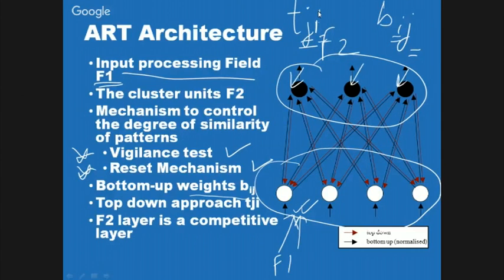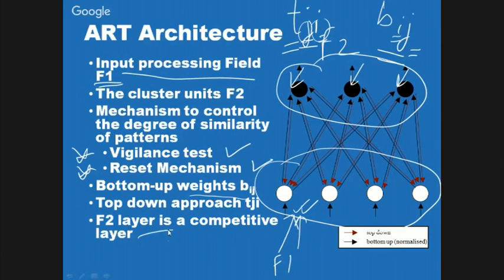From the bottom, when you are going up, I is your neuron, J is your cluster, that's why we give BIJ. But when you are coming back top to bottom, we give the top down weights, so this will be TJI, where J is your cluster and I is your input.